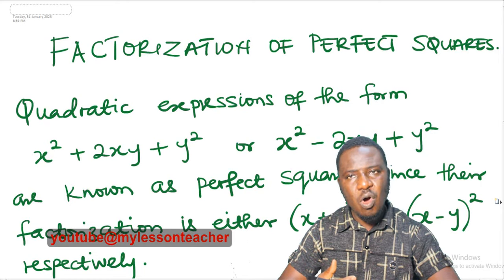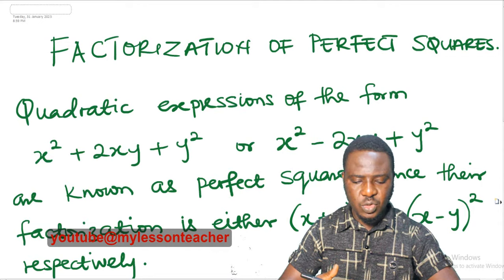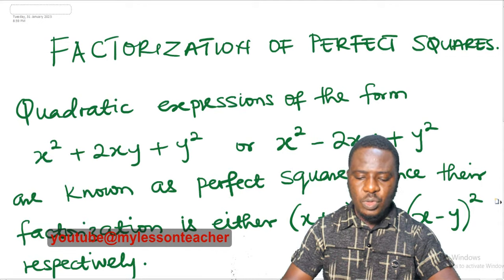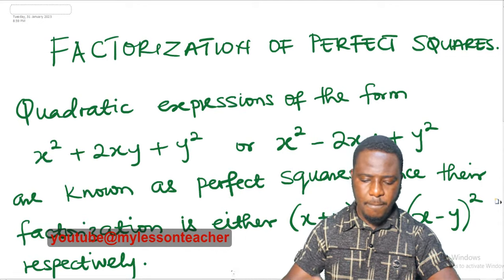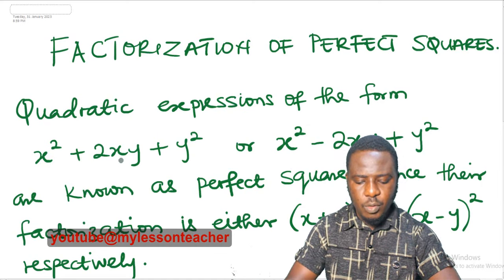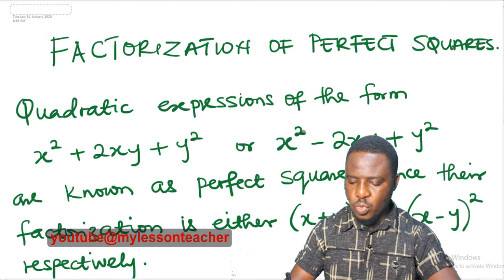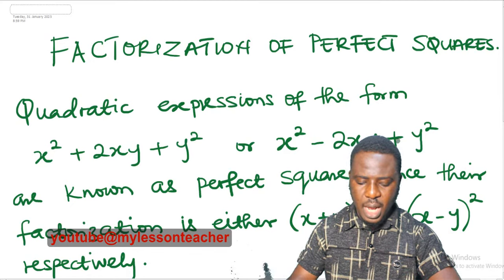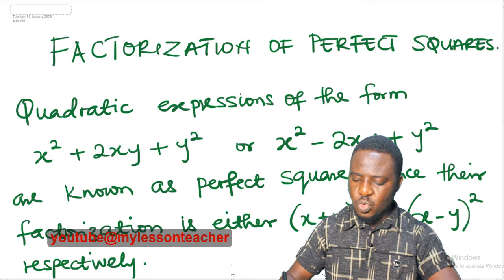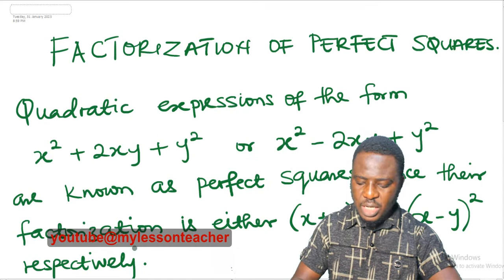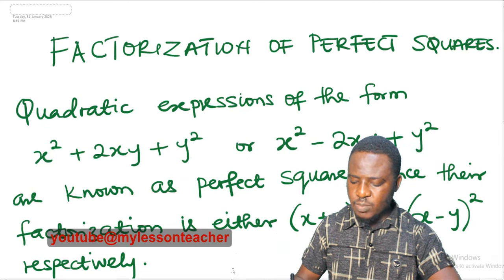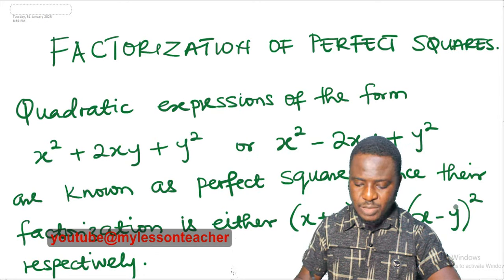Now, in terms of quadratic equation, how do we define a perfect square? Quadratic expressions of the form x squared plus 2xy plus y squared, or x squared minus 2xy plus y squared, are known as perfect squares since their factorization is either (x plus y) all squared or (x minus y) all squared respectively.